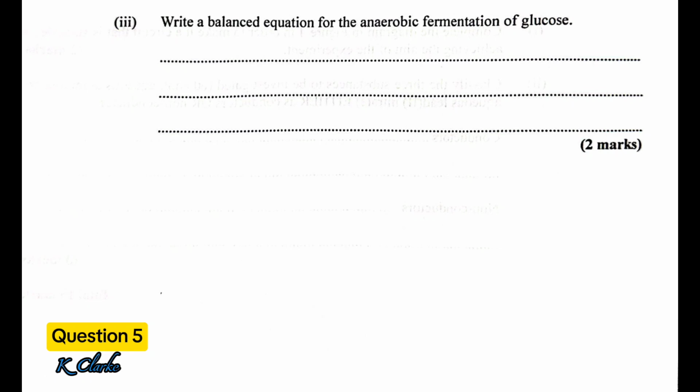The chemical formula for glucose is C6H12O6 aqueous, and this will be converted in the presence of yeast at 37 degrees Celsius to ethanol C2H5OH aqueous plus carbon dioxide CO2 gaseous state.